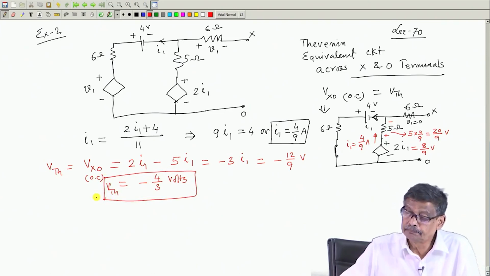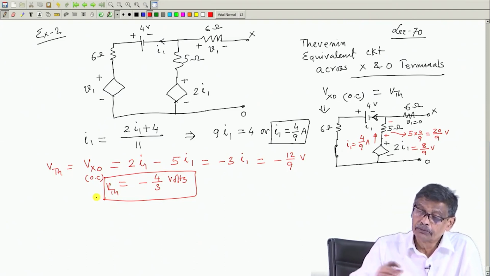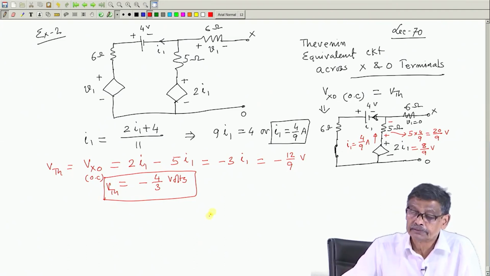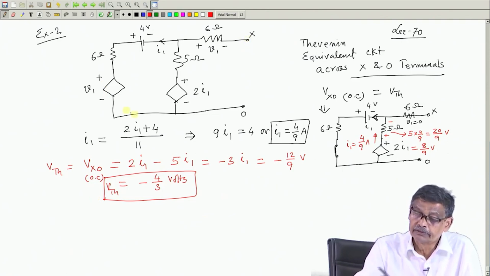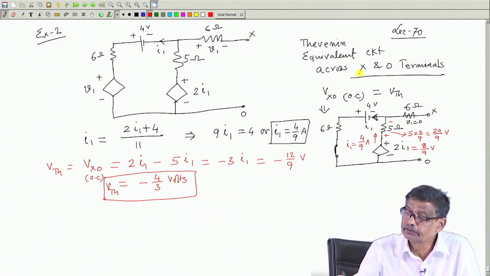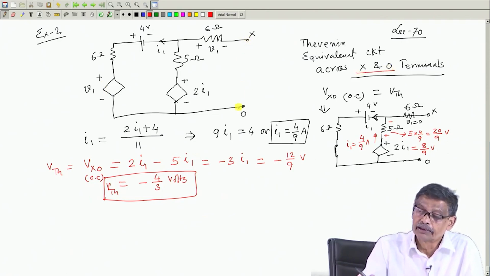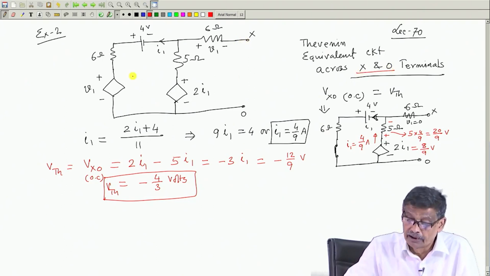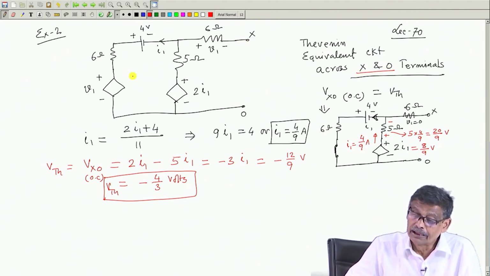I have found that out. Now, I have to calculate R Thevenin's. I want to express this network as a Thevenin's equivalent across X and O. So, to calculate R Thevenin's, what you should do is this.